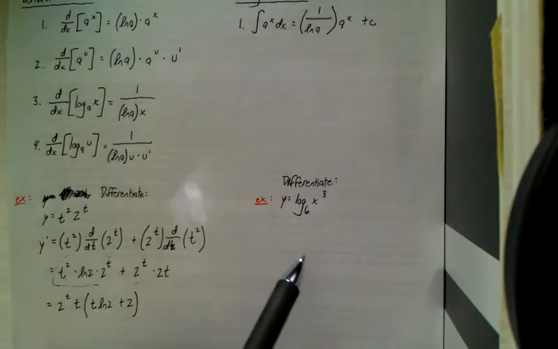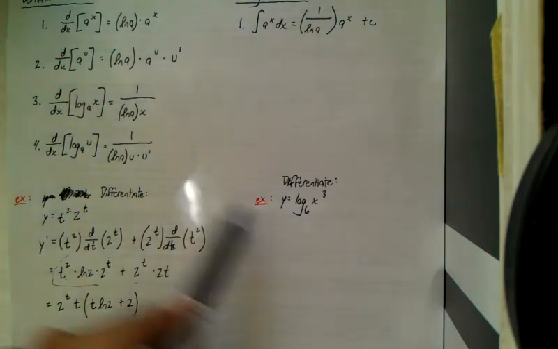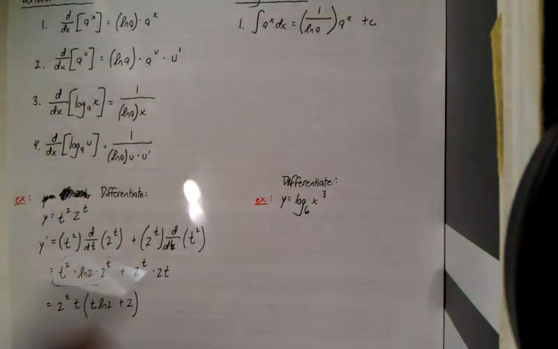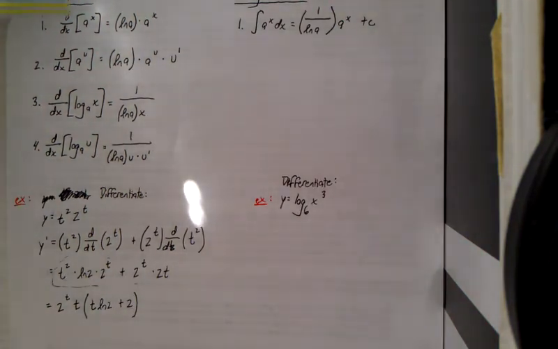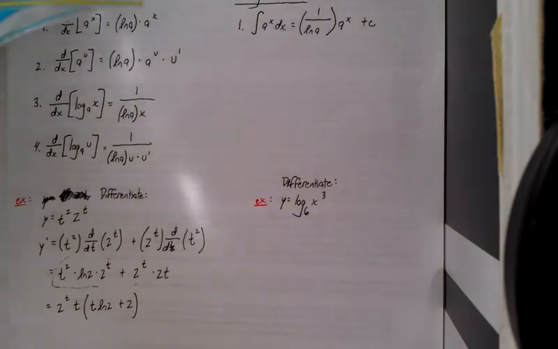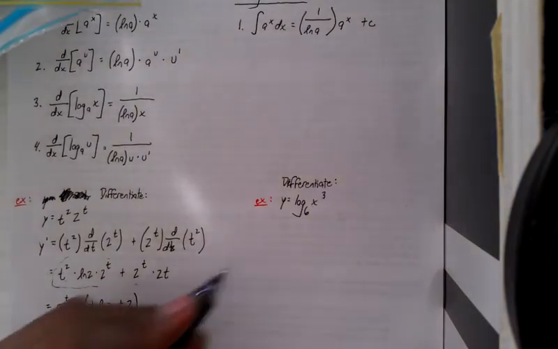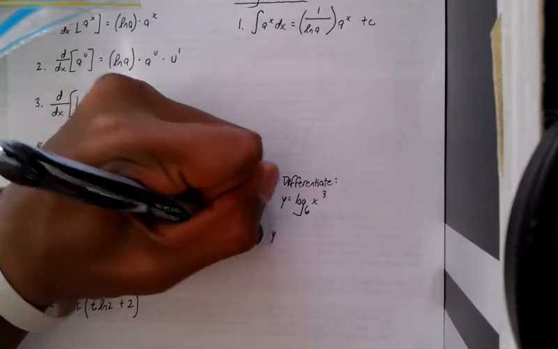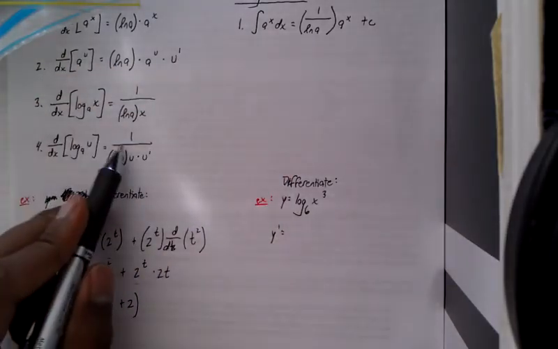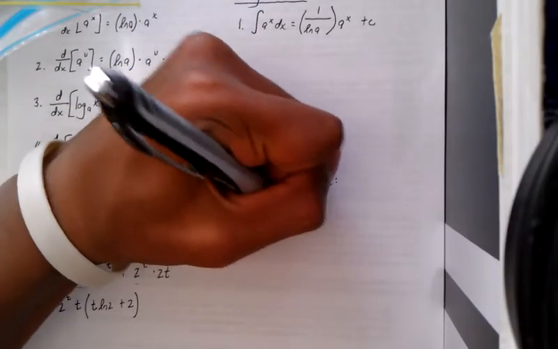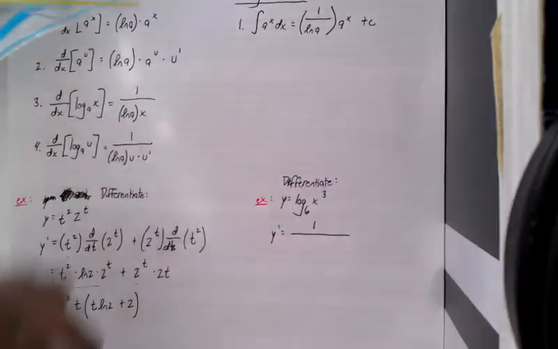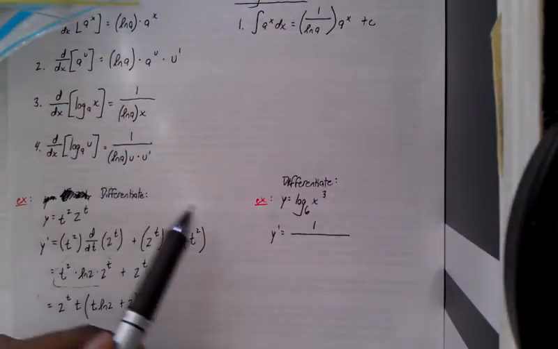Now for this one, we're going to be using rule number 4 for our differentiation rules. So we're going to have y prime equals 1 over the natural log of a.